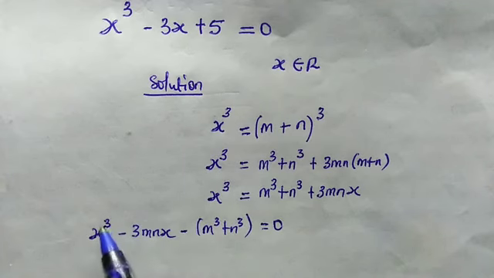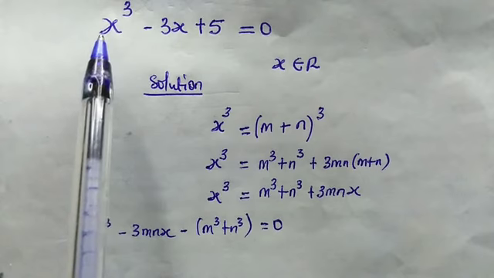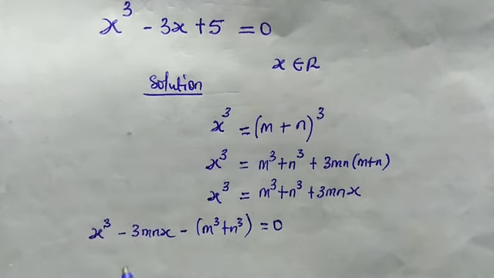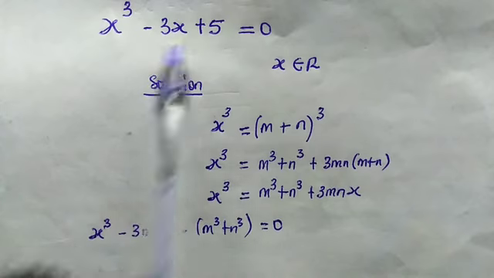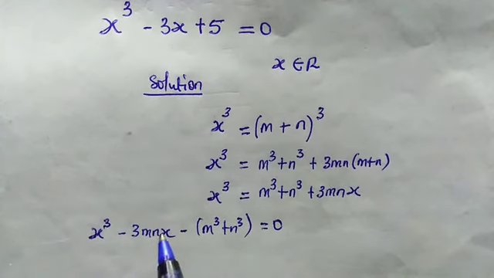Here we have x cubed, then this one actually is starting with x cubed. Here we have minus 3 something, then times x, and here we have minus 3 times x. So the coefficients of x here and the coefficient of x here, we can compare them, right?